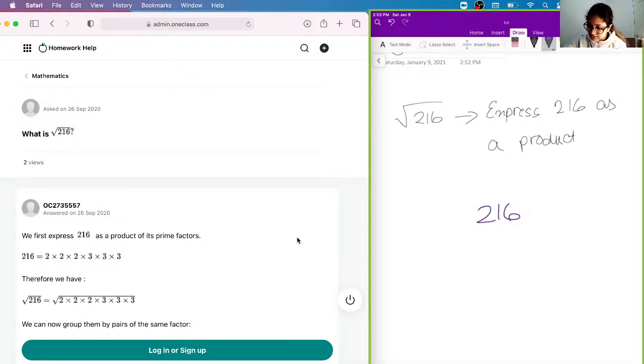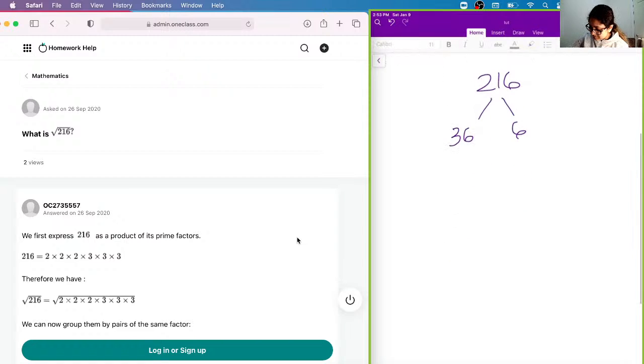So let's say 216 divided by 6. So we have 36 and 6.